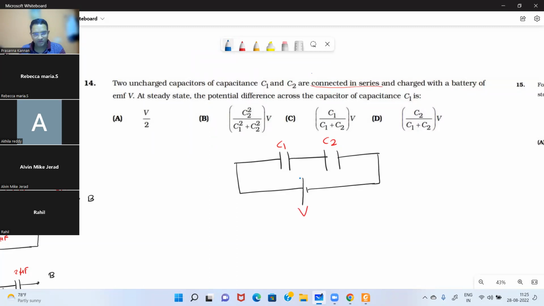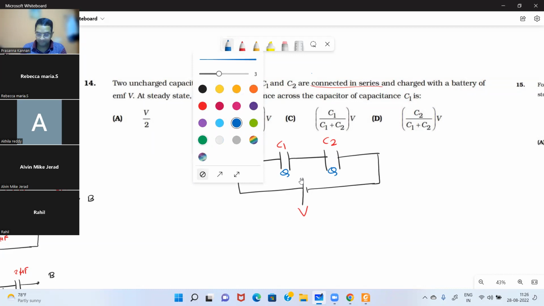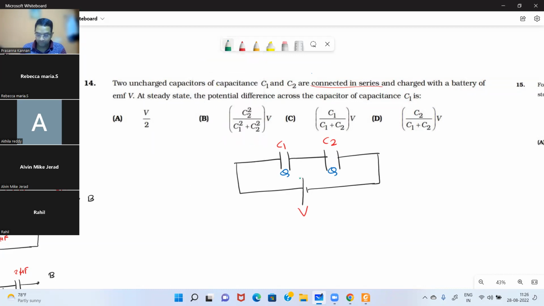Same, sir. Charge will be the same on both the capacitors, right? Because they are connected in series. And what will be the divide? Potential difference is different. Yes, the potential difference, let it be V1 and V2, that will get divided among the two capacitors, right? Okay.